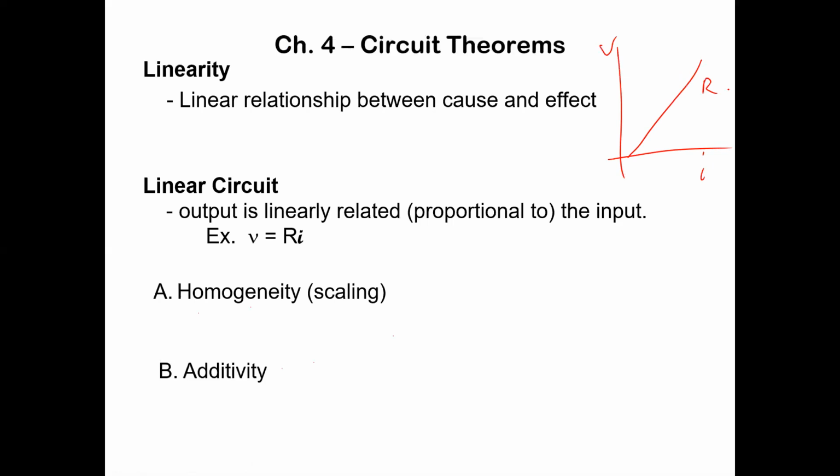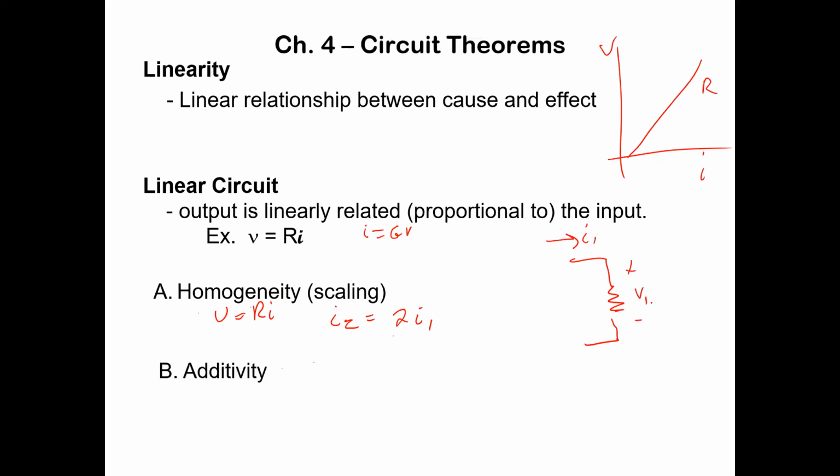If V equals R times I, and of course that also means that I equals G times V, then the homogeneity principle says, if we have some current I2 that equals twice the current I1 through a resistor, you apply I1 to it and you get some V1 out of it.